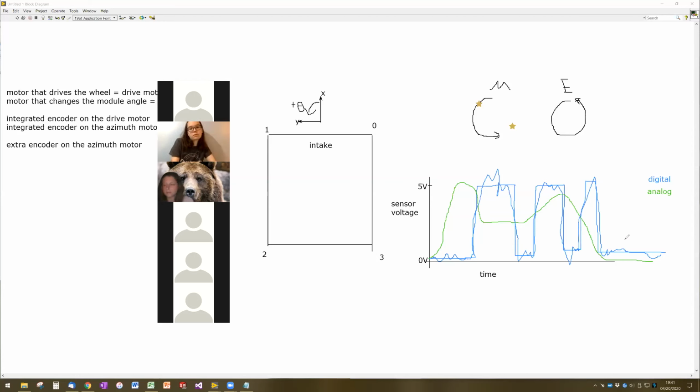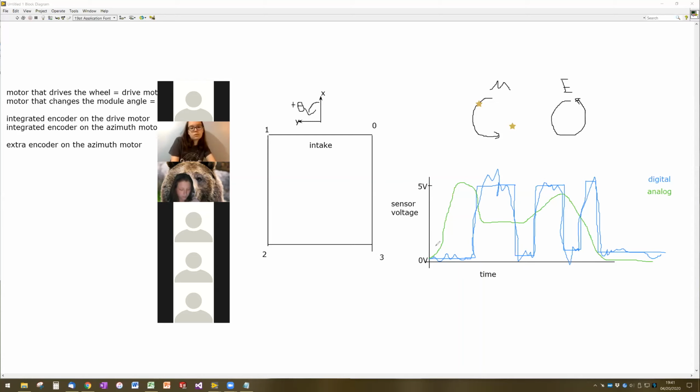And as you spin up the shooter, or as you move the wheels or do anything like that, that noise profile changes and can be better or worse. In a digital signal, this isn't so bad, because as long as this value stays kind of close to 0, and this value stays kind of close to 5 volts, you still know that this is off and this is on, and you can still count your pulses and you still receive your data cleanly.